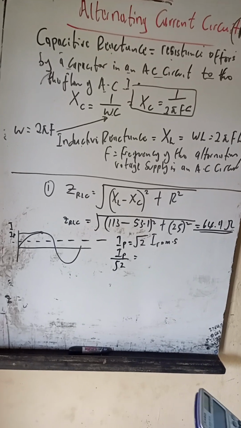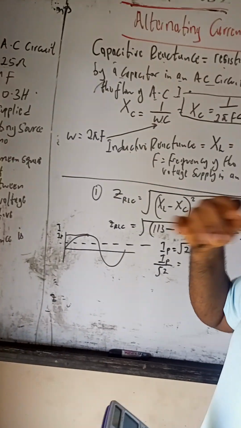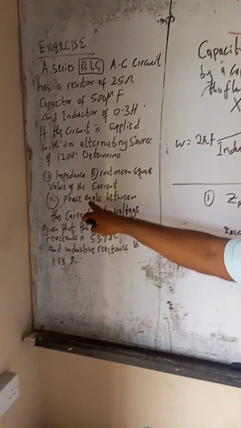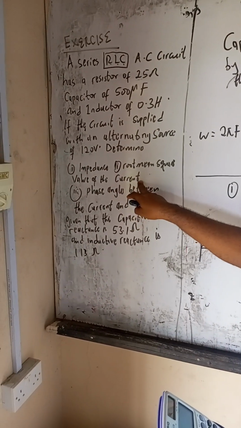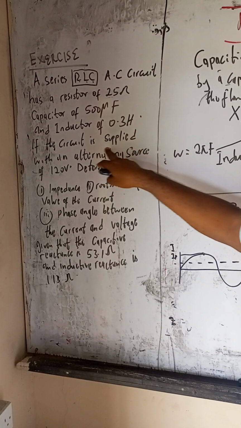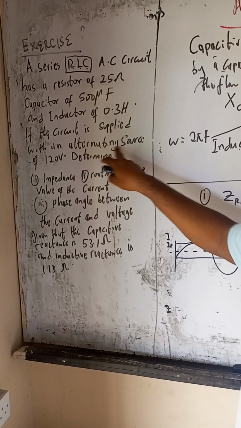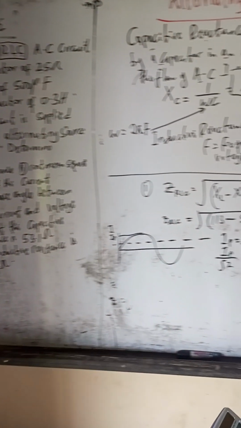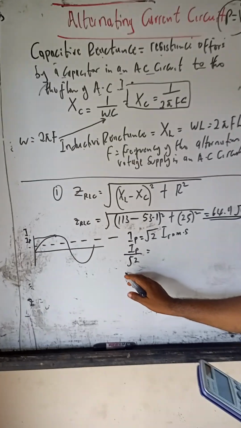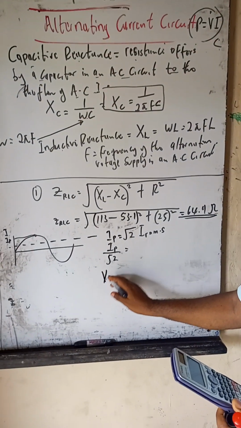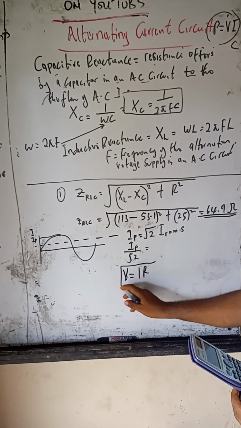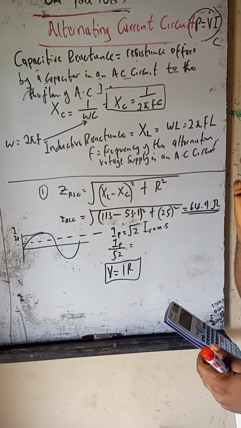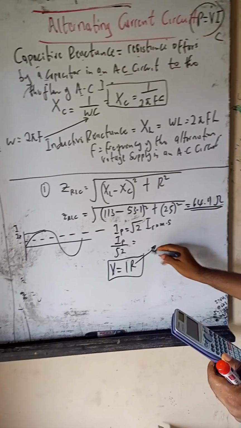And then we are told that we should determine the impedance, the root mean square value of the current. If you look at this question, the circuit is supplied with an alternating source of this. Now, let us realize something from Ohm's law. Recall, V is equal to IR according to Ohm's law. But in this case now, the R is the impedance that we just got.